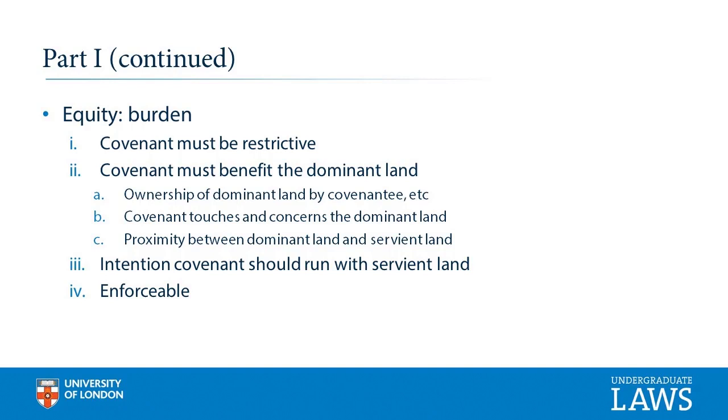In the absence of an express manifestation of that intention, the intention can be implied by Section 79 of the Law of Property Act 1925, unless the covenanting parties have excluded the operation of that section.